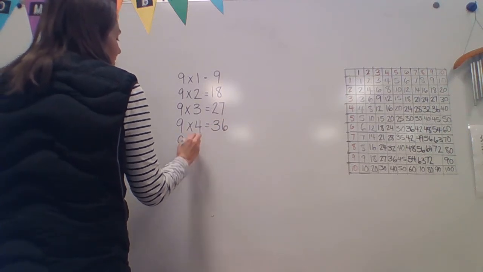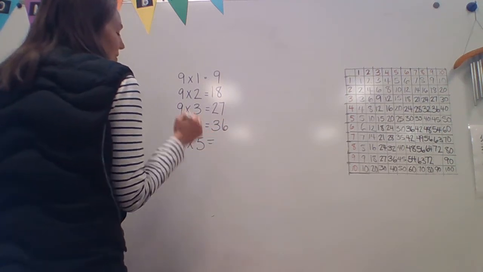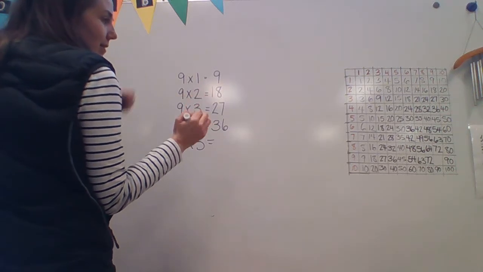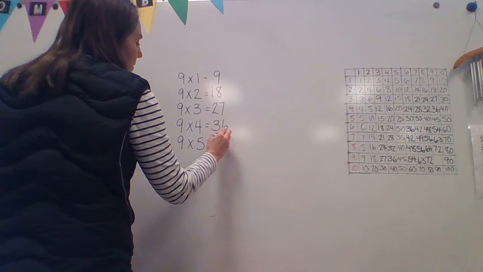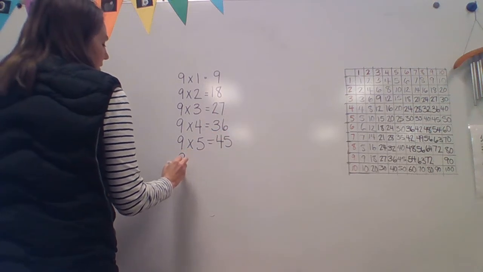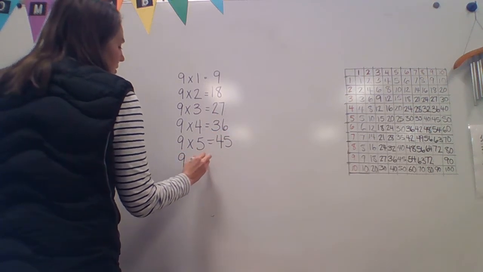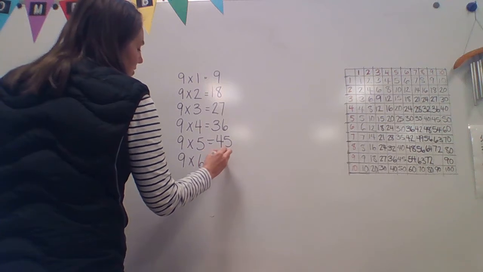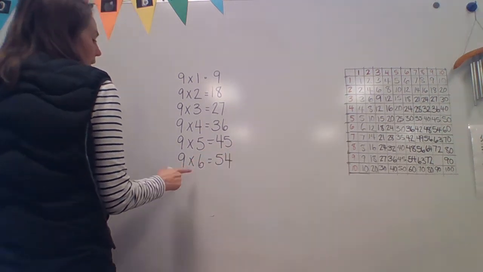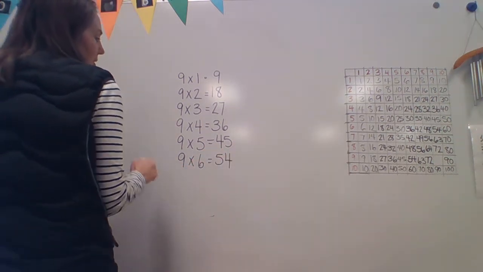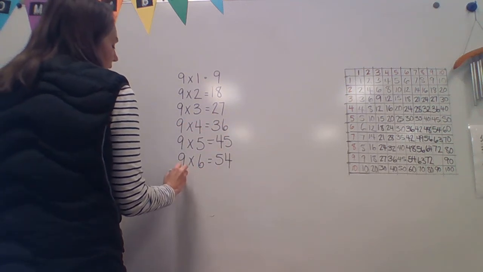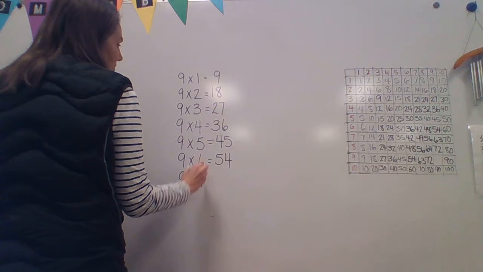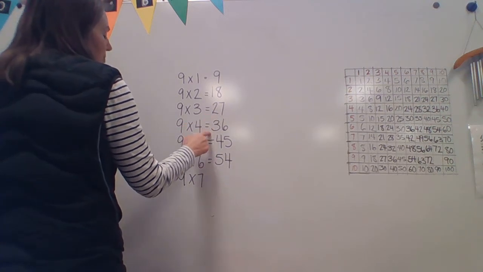9 times 5, I can count by 5. 5, 10, 15, 20, 25, 30, 35, 40, 45. 9 times 6, I just happen to know is 54. I can also think of it as 9 times 3, 27 doubled. 9 times 7, I could think of that as my 9 times 3 plus my 9 times 4.